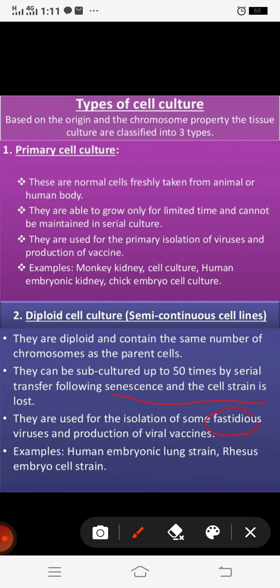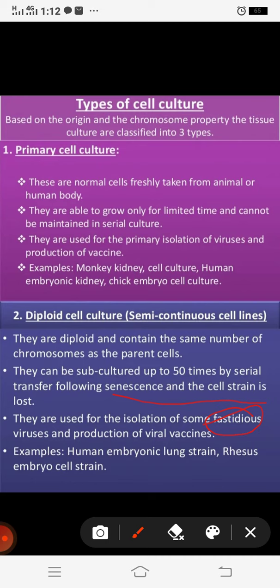Now there is a term, fastidious. We will discuss it later in bacteriology. Fastidious organisms are those organisms that do not grow on basic requirements. They have very special nutritive requirements.